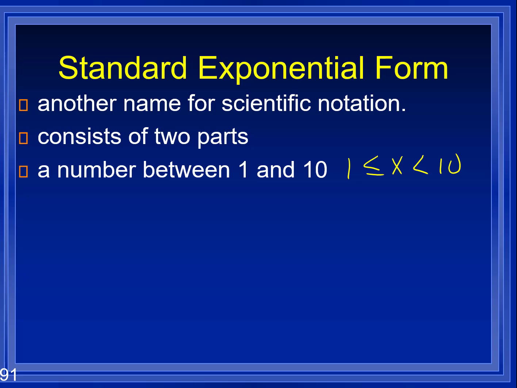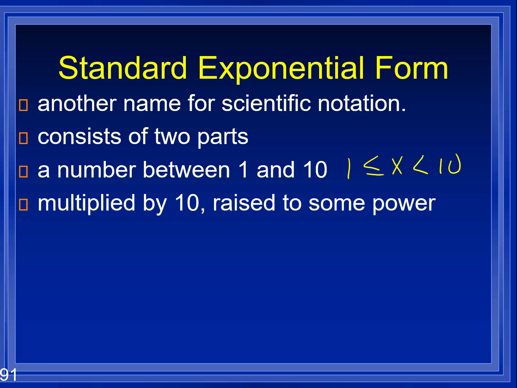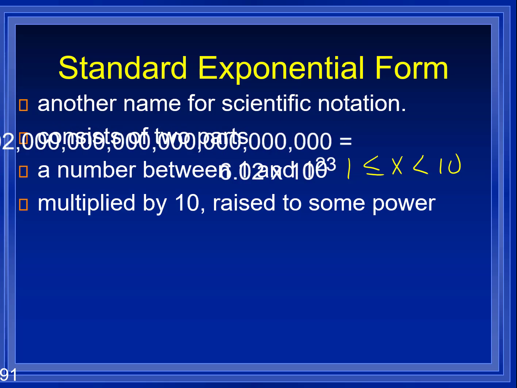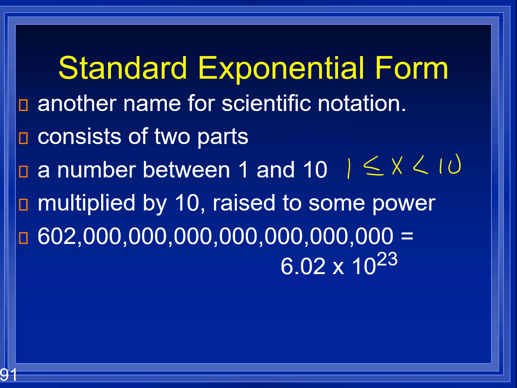One digit, decimal point, that tells you I'm between 1 and 10. And we're going to multiply it by 10 raised to some power. That's the exponent. The exponent is the power of 10 that you're going to raise 10 to. So that really huge number, instead of writing all this, I can write 6.02 times 10 to the 23rd.